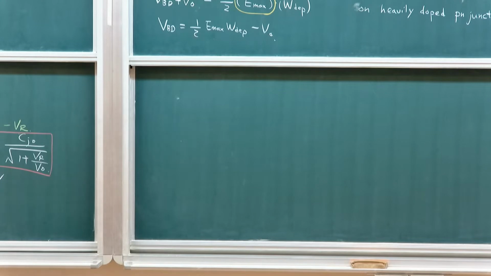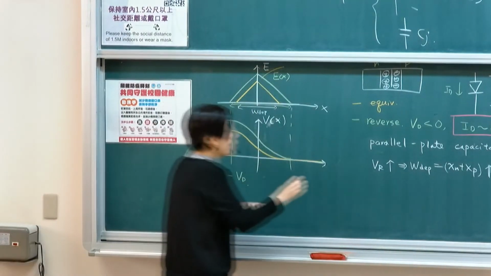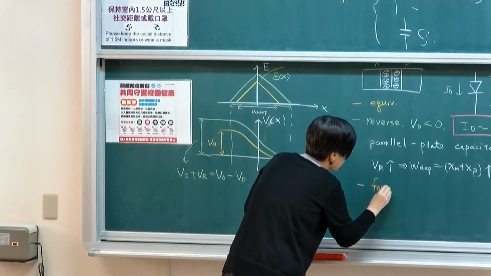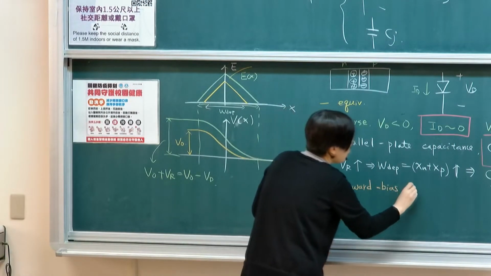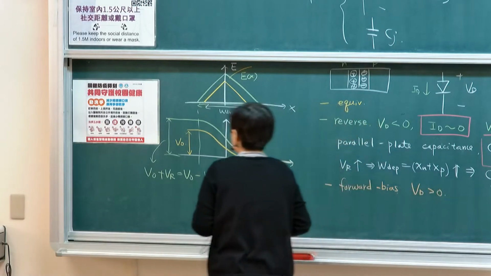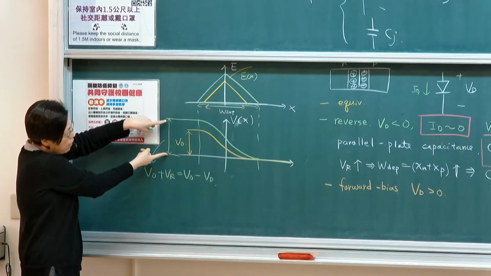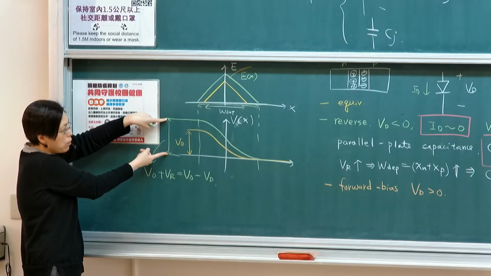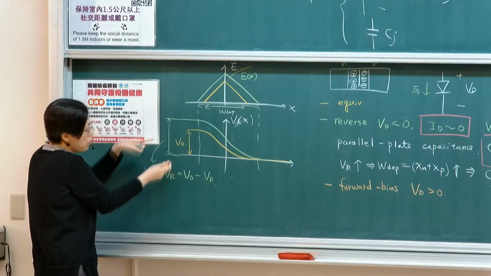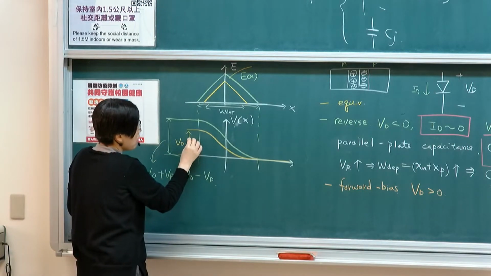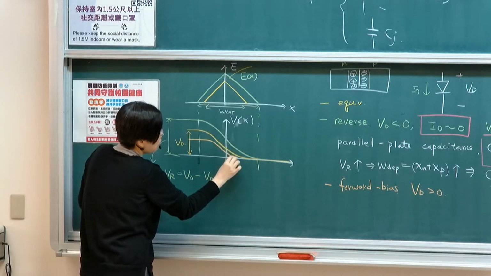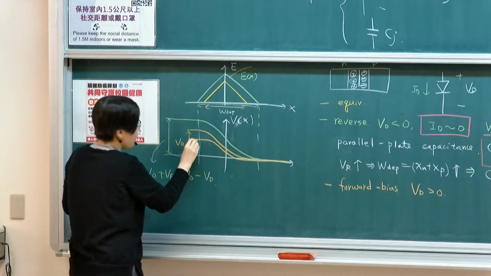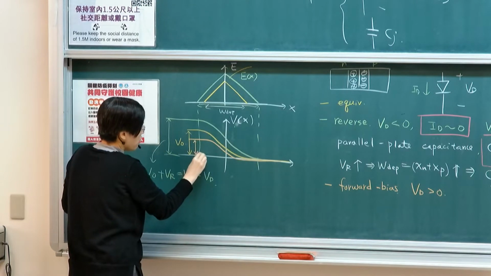I'm leaving this plot because I want to talk about forward bias. In forward bias mode, where VD is larger than 0, the voltage applied on this barrier will be reduced because VD is positive, so the height will actually become this.